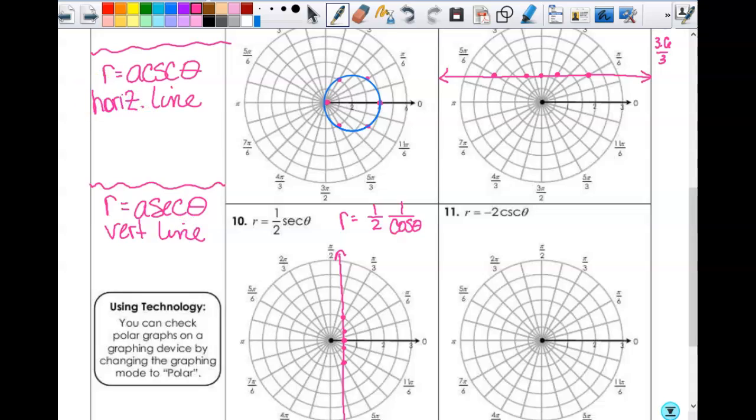Okay? So this secant goes through, make sure I don't write these backwards, (a,0), and this one goes through (a, pi halves).